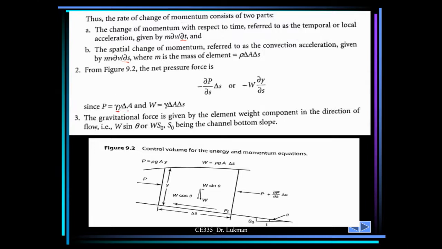Which gives the pressure force, and then you now have W, which is what?